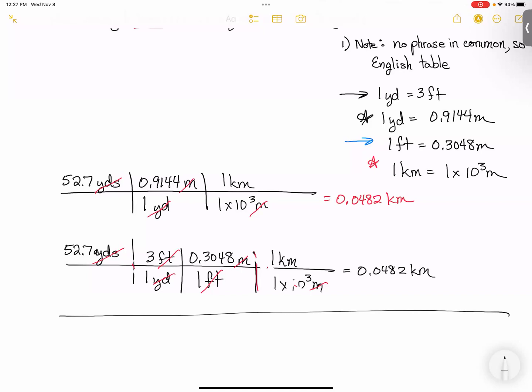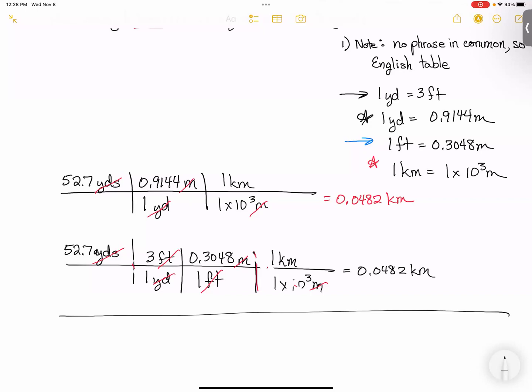Another important fact, and it's something I haven't stated yet, and that is you have to pay attention to what you're working with. What does meter describe? It describes length.